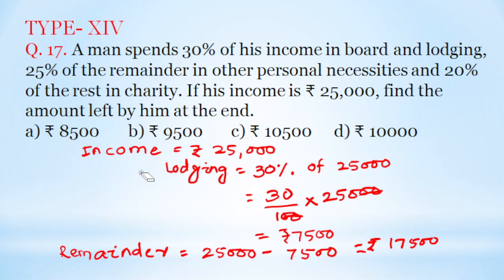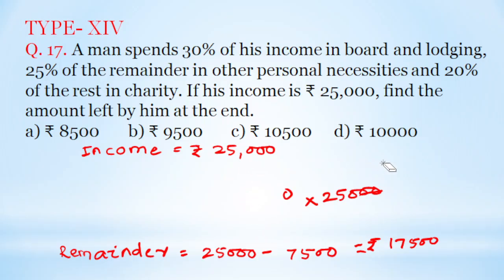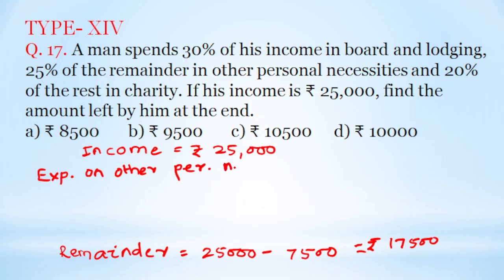So expenditure on other personal necessities is equal to 25% of rupees 17,500.